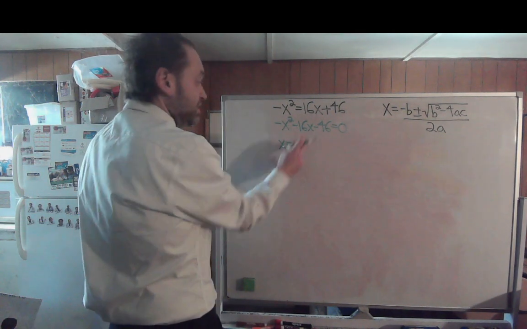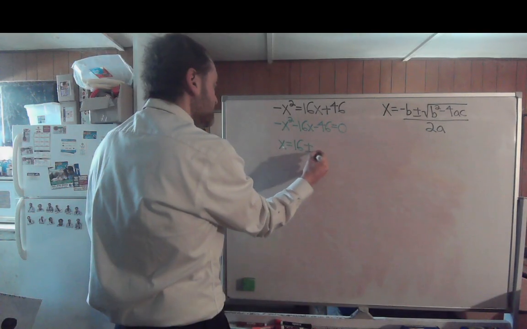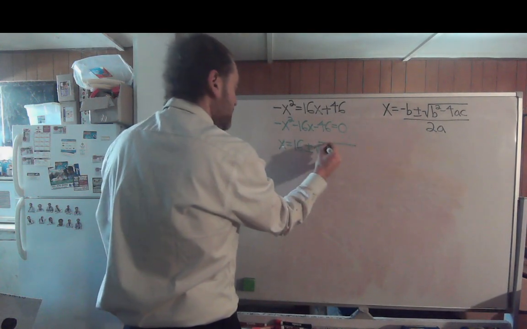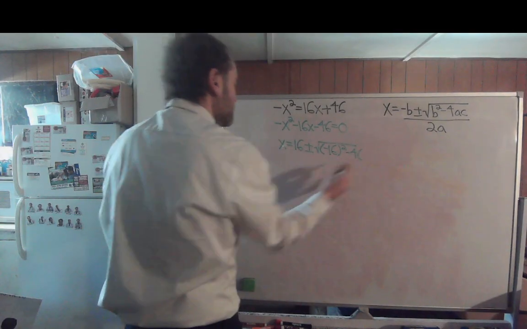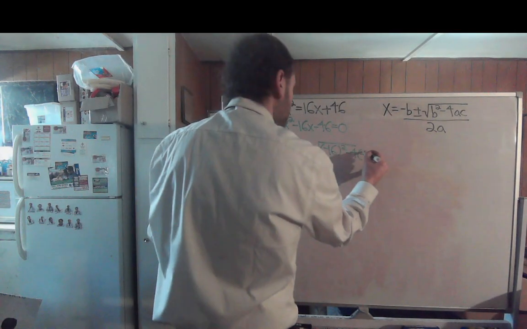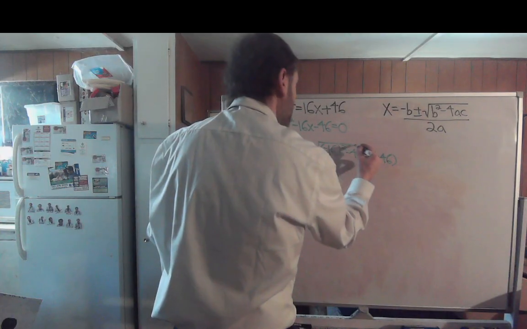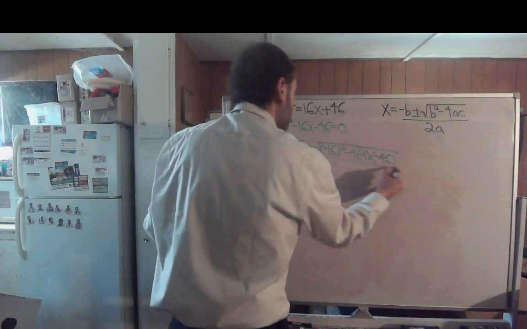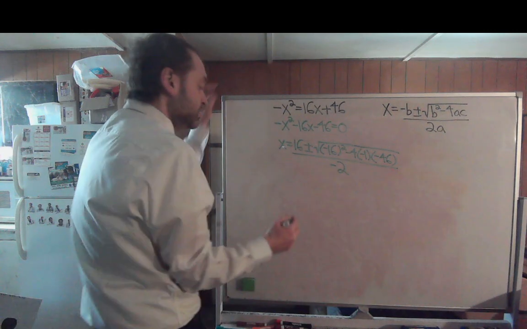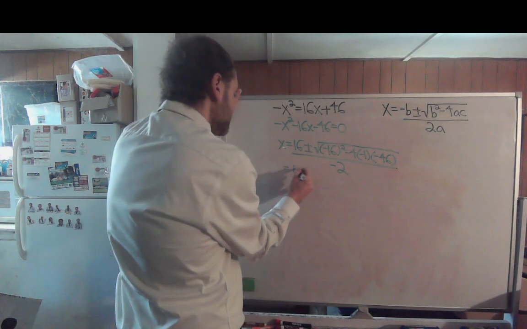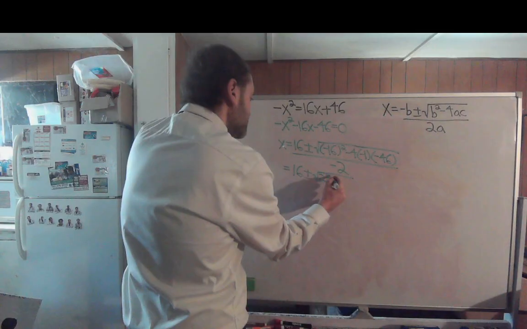x would equal the negative of b, well negative 16 is positive 16, plus and minus the square root of that b squared, which would be negative 16 to the second power, minus 4 times your a of negative 1 times your c of negative 46, all over 2 times your a of negative 1, so that'd be negative 2, is going to end up equaling 16 plus and minus the square root of 256.